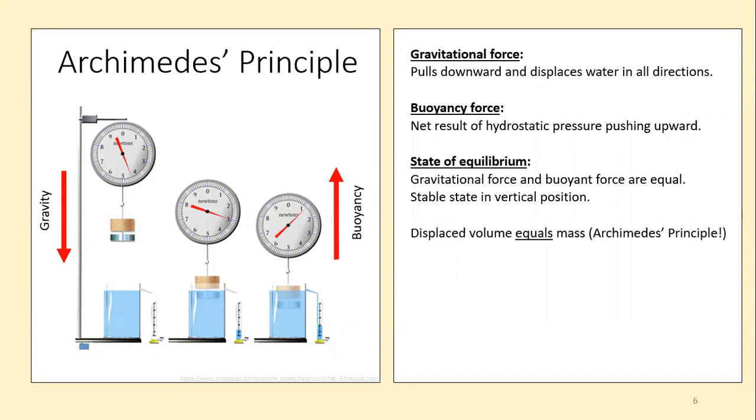However, if the floatable weight is lowered to where it reaches a state of equilibrium, then the gravitational force downward and the water's buoyant force upward are equal. When a state of equilibrium is reached, the floatable weight will be displacing a volume of water equal to its mass, as seen in the graduated cylinder. Again, Archimedes' principle.